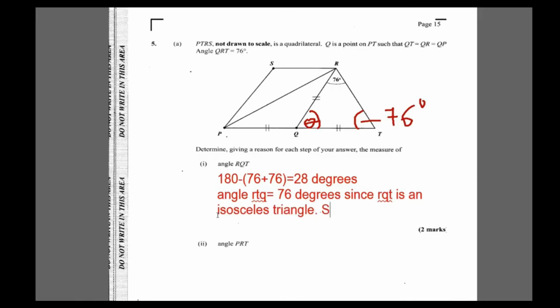So angle RQT is equal to 28 degrees in order for the sum of angles to be 180 in the triangle.